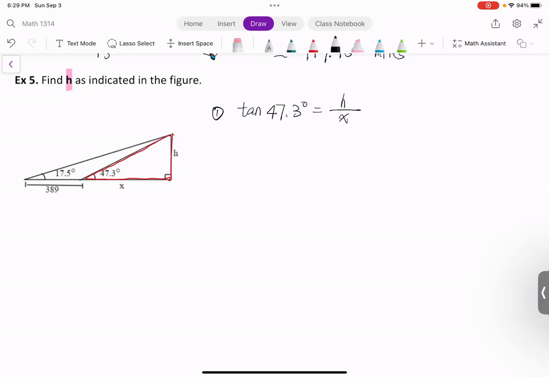I'm looking for h. If I can find x, I can solve for h. So how about another right triangle, the big one, this one?